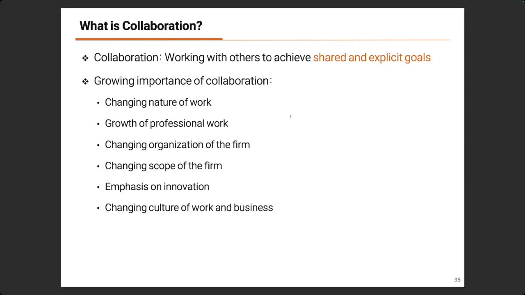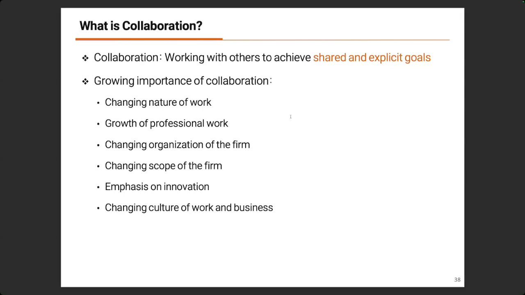We can also observe many kinds of collaborations between two or more companies in the real world. For example, Nike has collaborated with several luxury brands such as Louis Vuitton, Swarovski, Tiffany, and so on. Nike has used this kind of collaboration as one of their powerful business models.